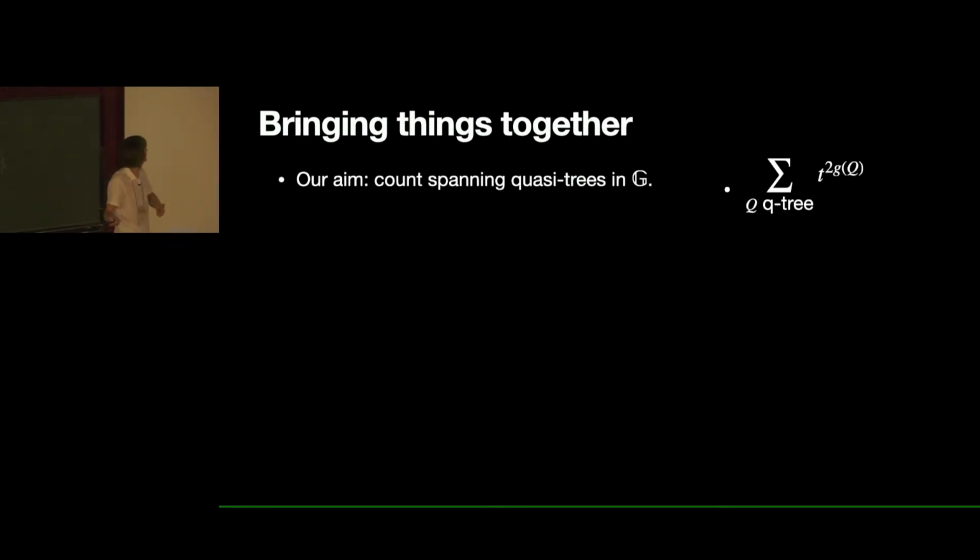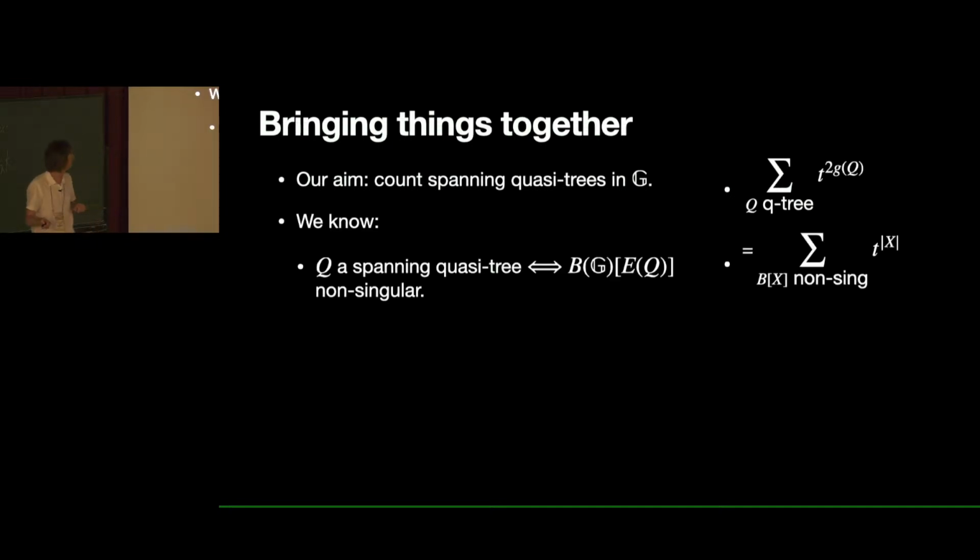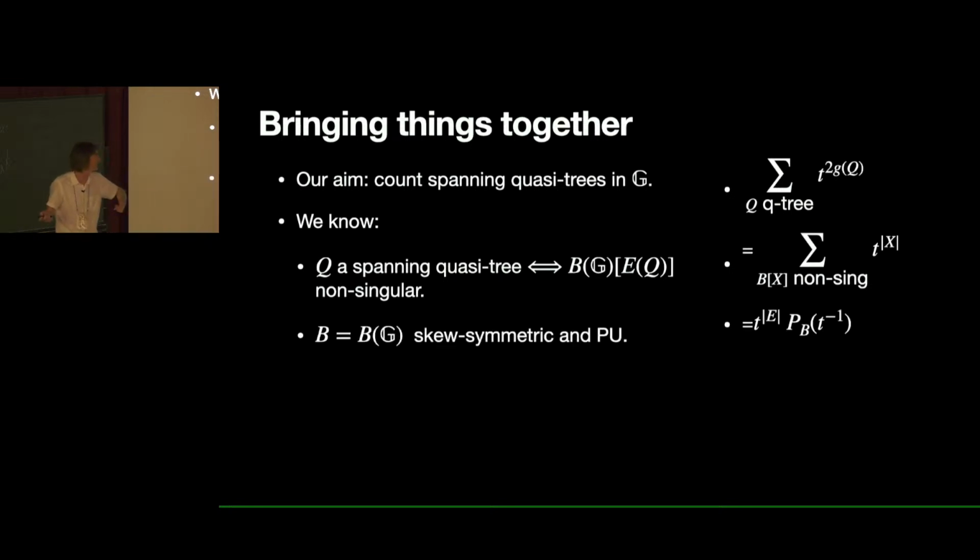So I can pull this in and bring it back to the topology. I want to count all of the spanning quasi-trees, and I'm going to enumerate them with respect to twice the genus. So I want this generating function up in the corner. I can express this in terms of the non-singular principal submatrices, and I know that's the characteristic polynomial.